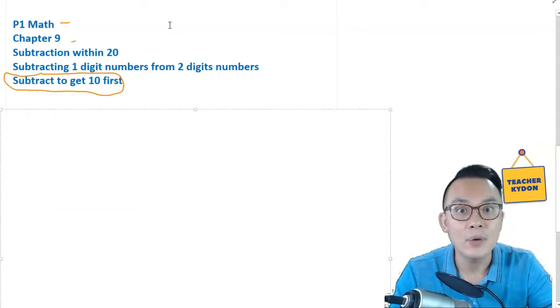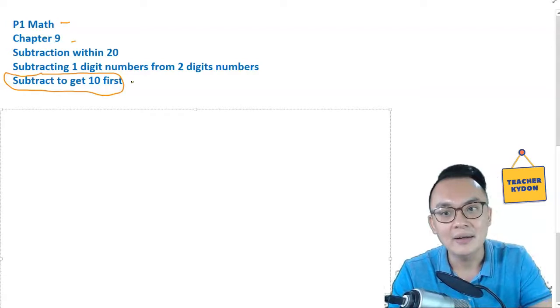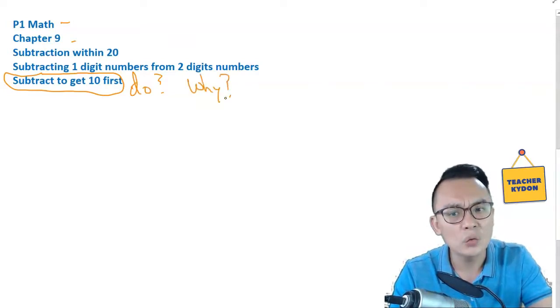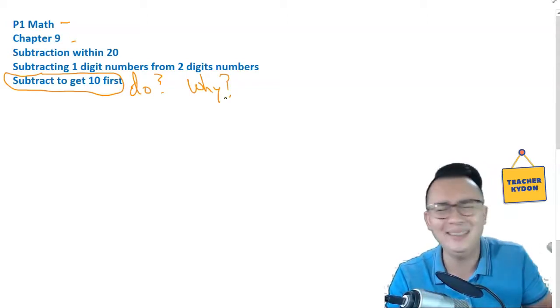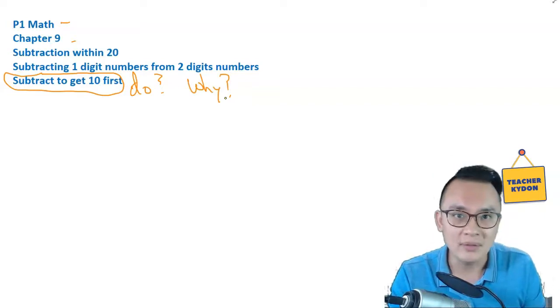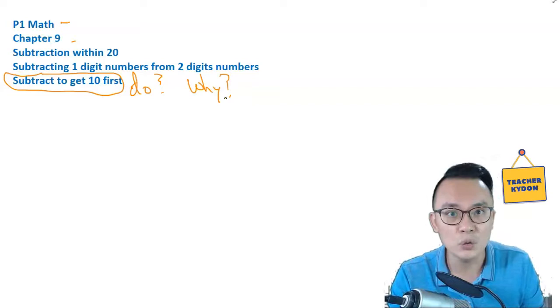If you have a Primary 1 kid, I predict that he is going to have some trouble trying to understand the way to do it, and as a parent maybe you will also struggle to understand why you want to do subtract to get 10 first, or why go through this long and convoluted method. So I'm going to share about all this in this video today.